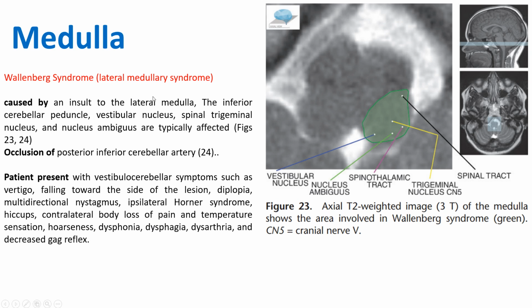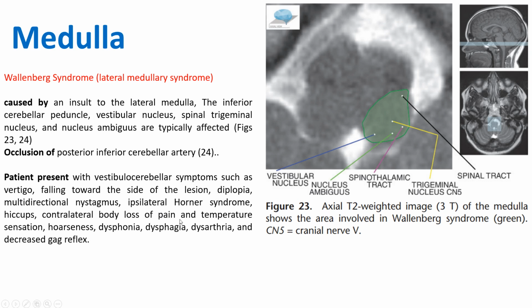So in the lateral medullary syndrome, we have affection of the lateral part of the medulla, involvement of cranial nerve nuclei 9, 10, and 11, and vestibulocerebellar symptoms like ataxia, vertigo, and falling down, but there is no hemiplegia or hemiparesis.